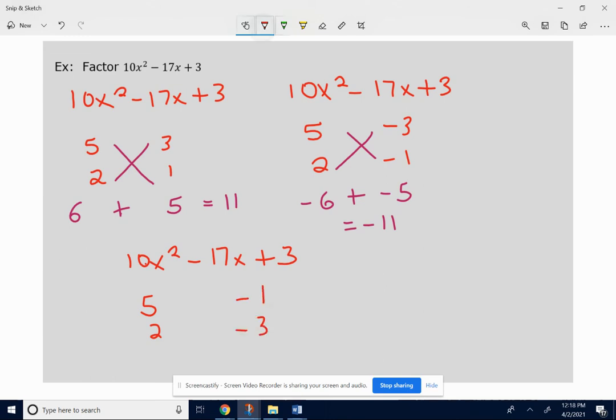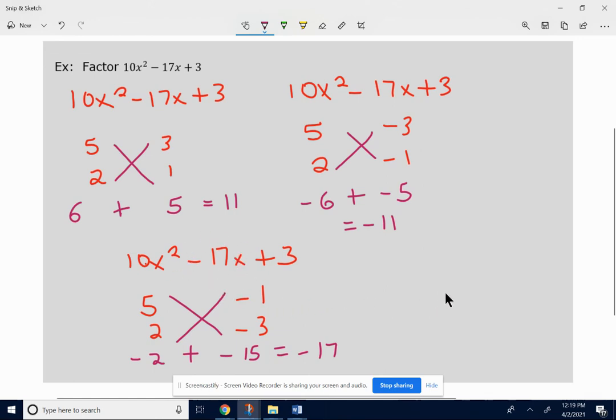I'm going to multiply 2 times -1, which is -2. I'm going to multiply 5 times -3, which is -15. I'm going to add those two numbers together. And by golly, if I'm lucky, I'm going to get my -17. And I did. I did get it.